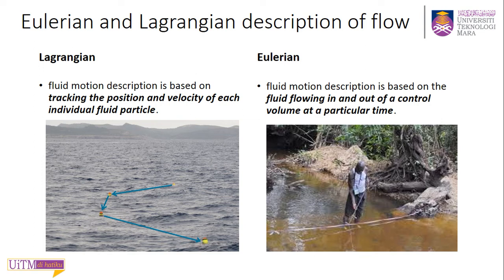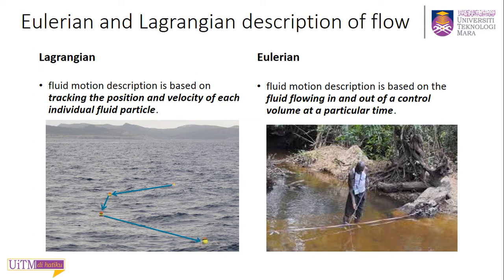This name is based on someone's name, the one who found this approach. Some guy from, I'm not sure where, from a Western country maybe. So they introduced this approach, and that's why it is named after them. Eulerian and Lagrangian. What is the difference between Lagrangian and Eulerian?